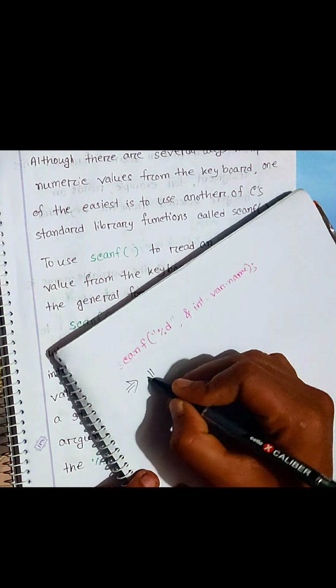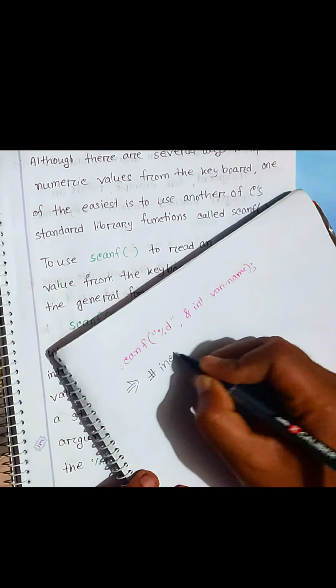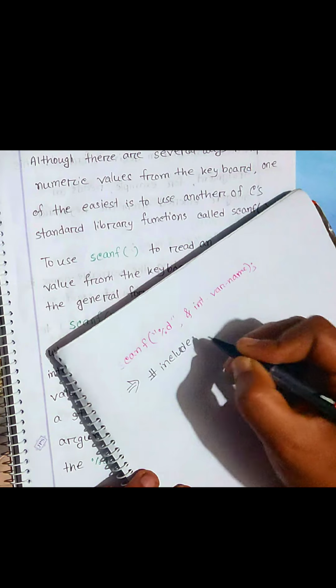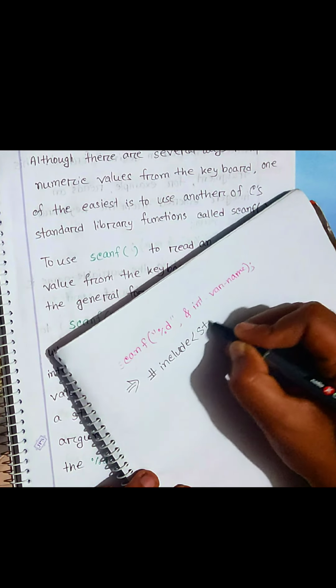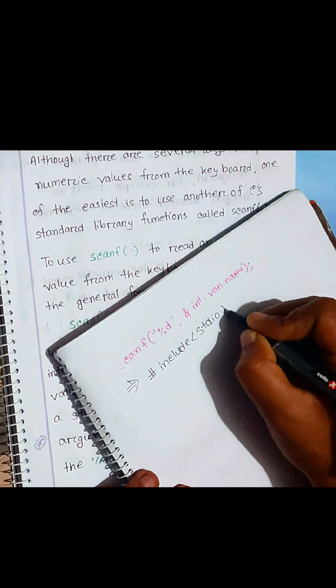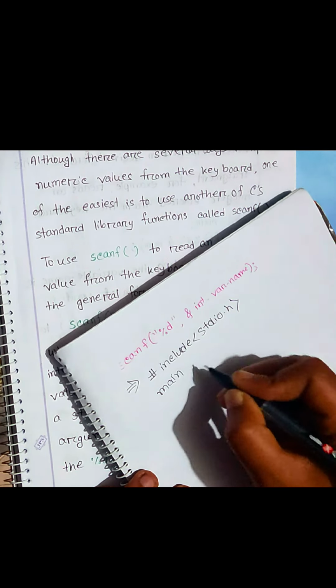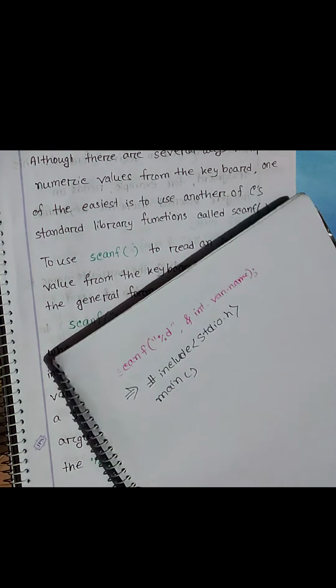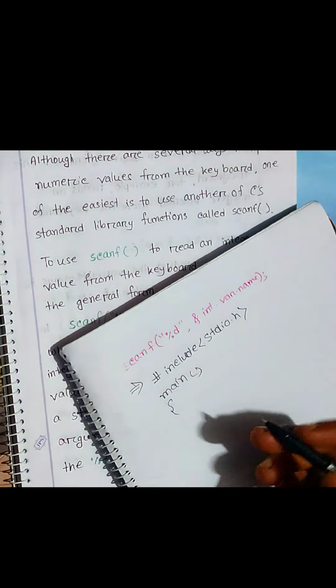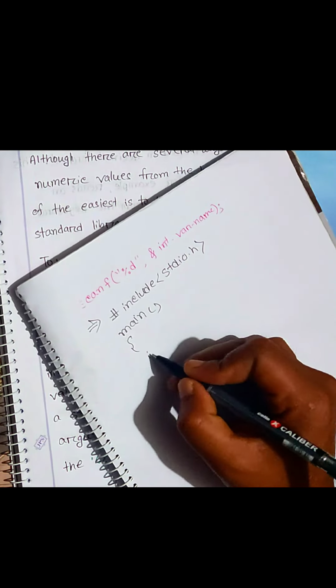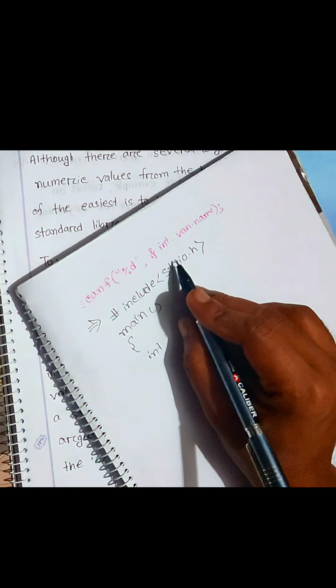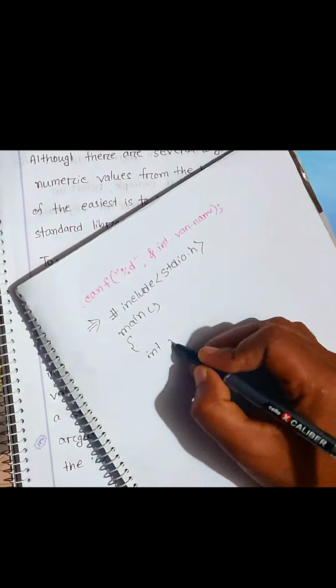Let's start a code. As we said, we will take an integer value in this one, so let's take an integer data type, and now a variable that can be anything, like number.